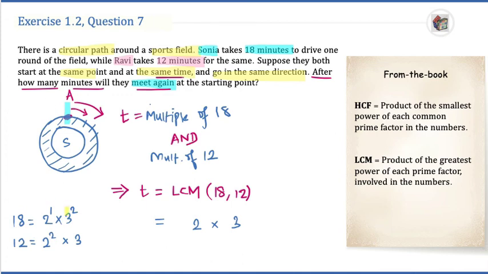So the greatest visible power is 2 from here. Similarly, when you look at the powers on 3, then again the greatest power is 2 because it's just 1 here in 12. So I take those two greatest powers here. So this becomes 4 times 9 and yet again you get the same answer as you got by actually listing the multiples. So the correct answer for us is 36 minutes.